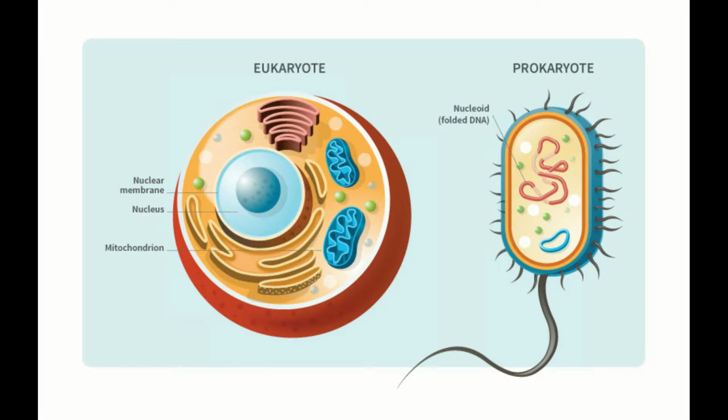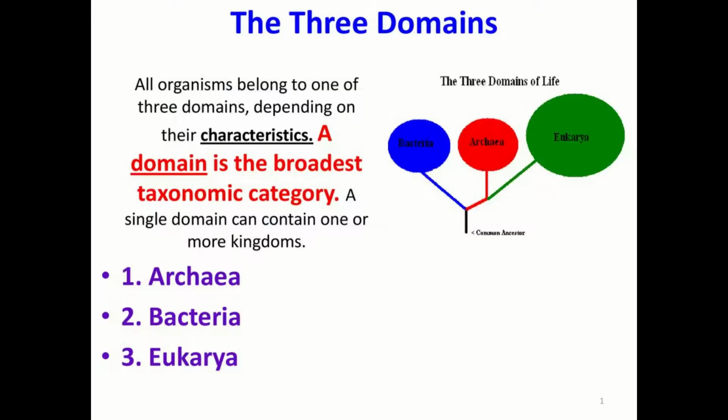So let me show you the new way of starting the classification process, the one based on DNA instead of just morphology or anatomy or even processes. These do things differently. We instead now look at the DNA, and we have three groups: the eukarya, which are the eukaryotes, the bacteria, and the archaea.